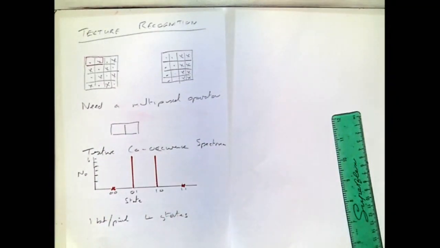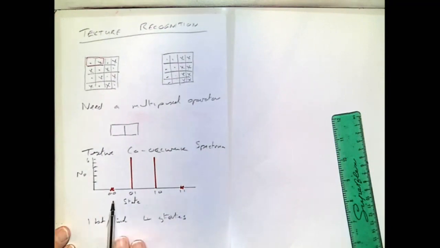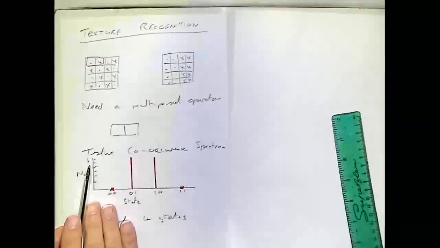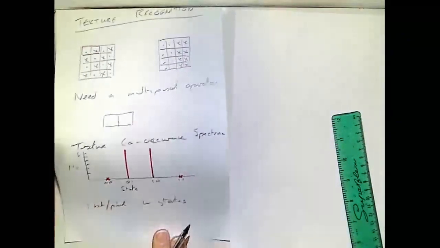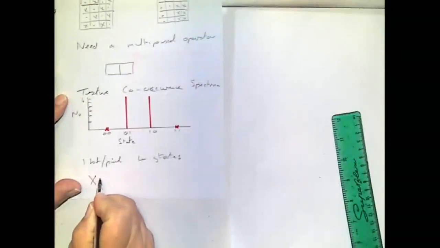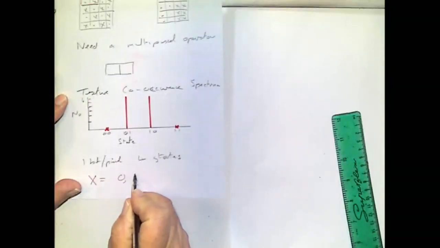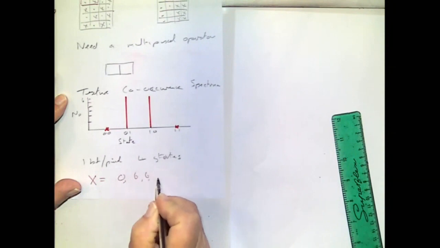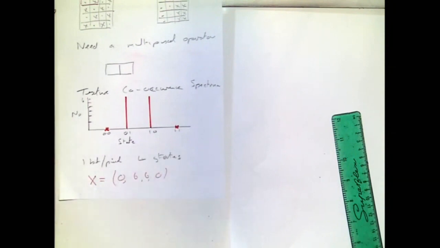That is the texture co-occurrence spectrum. And from that, I can get a vector which represents that spectrum. It is going to be a 4-element vector. These are the elements. This is the magnitude. And that will give me a vector representing that texture of x equals 0, 6, 6, 0.